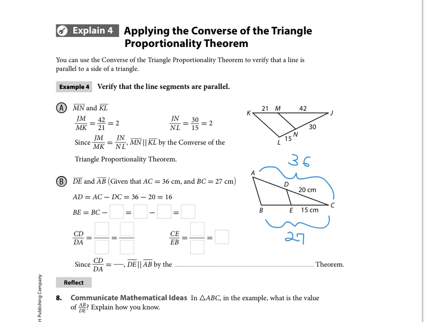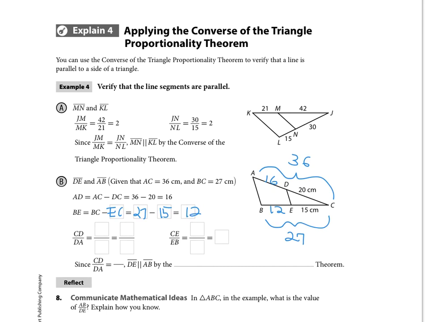So what I would do is a quick subtraction to figure out what the missing parts of the sides are, because remember, our triangle proportionality theorem deals with parts, not the whole length. So we're going to go with 36 minus 20 is 16, and to find BE, we're going to take BC minus the EC that we know, and so that's 27 minus 15, and we get 12.